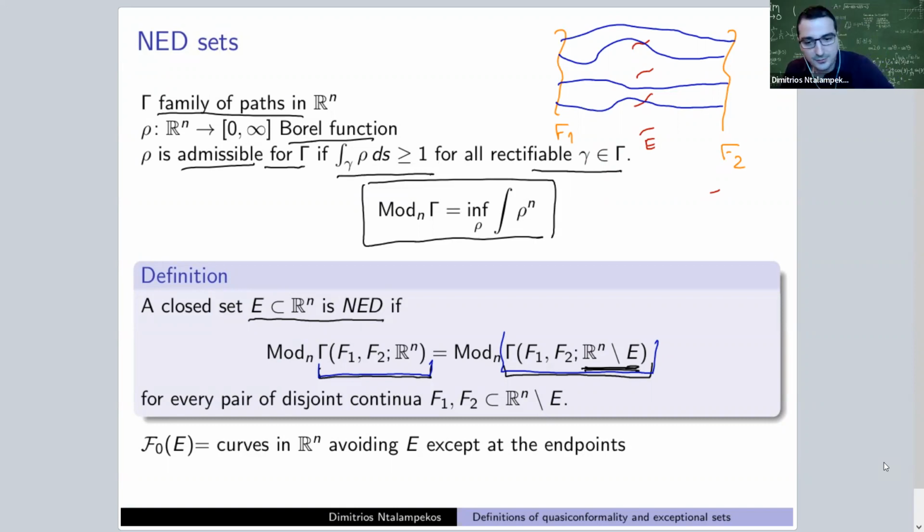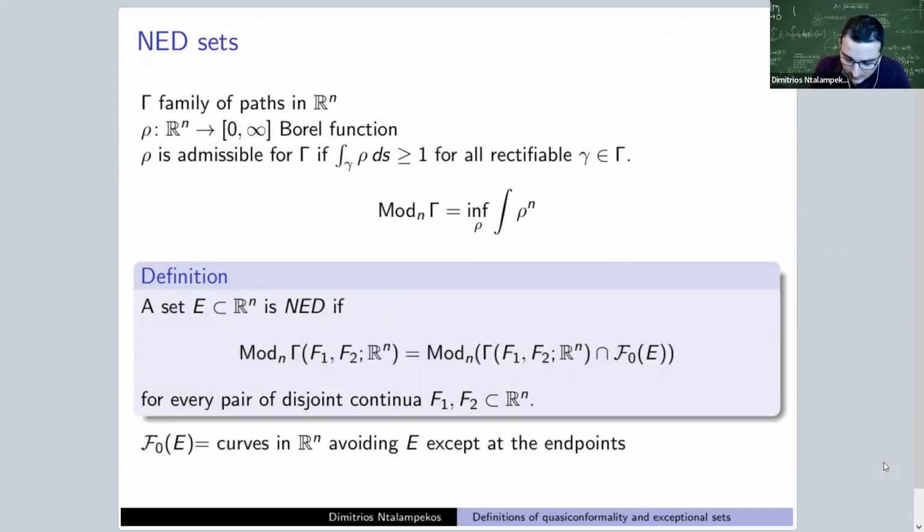Now, there is a different way to reformulate this definition. We can define F0 of E to be the family of curves that avoid the set E, except possibly at the endpoints. And then we can rewrite this definition in this form.